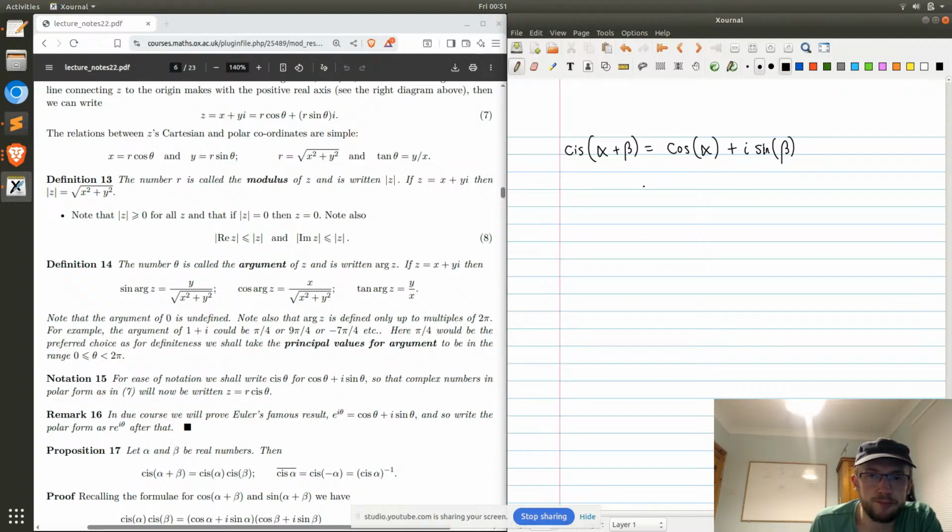And what does that mean? So where are we actually going with this? So we're going to cis of alpha times cis of beta. Oh no, that's actually completely wrong what I wrote up there. That's just super wrong. It's this.